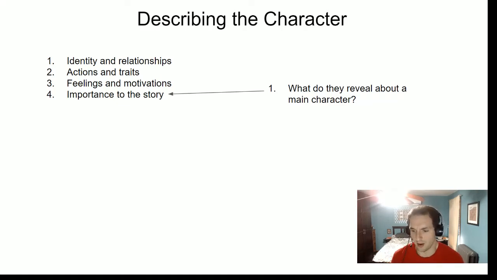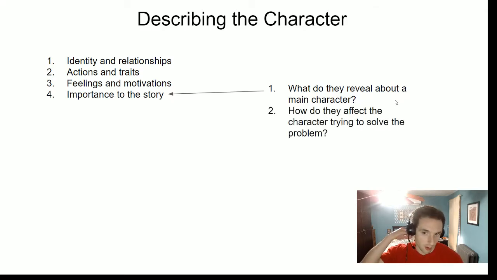So we know, wow, must be a bad guy. He just chopped that person's head off. And so that person was in the story to show how evil that bad guy was. And so this is something to be looking for when we're thinking about this. What do these two men reveal about Ellen?